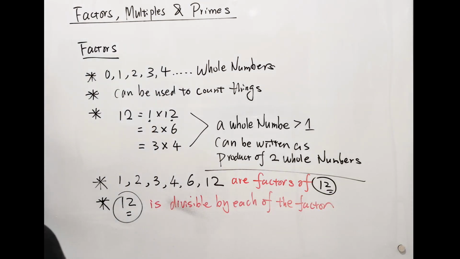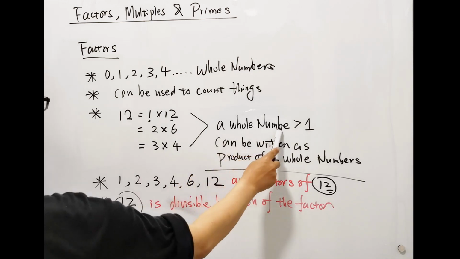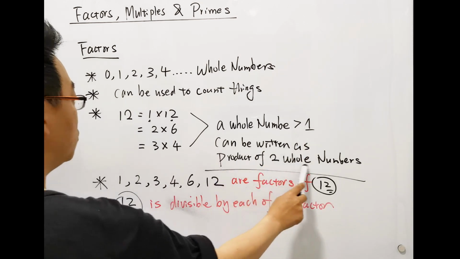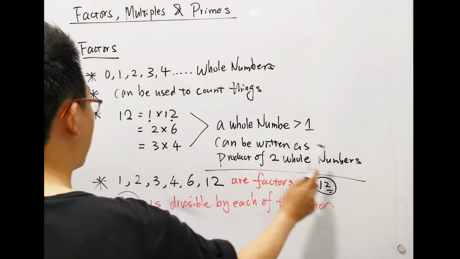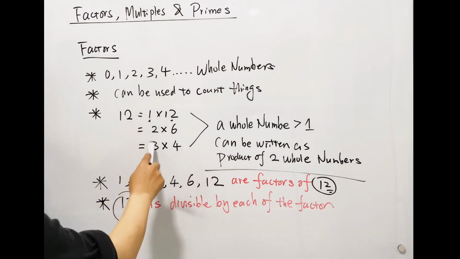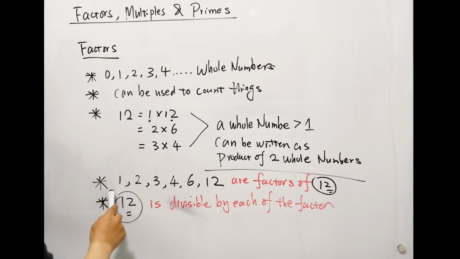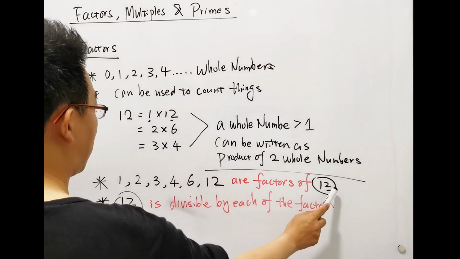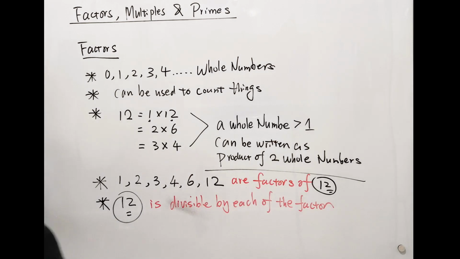So we also have this thing. Now it's clear, right? A whole number more than 1 can be written as a product of two whole numbers. For 12 we have 1 times 12, 2 times 6, 3 times 4. So these numbers are all factors of 12. This is very clear, right?